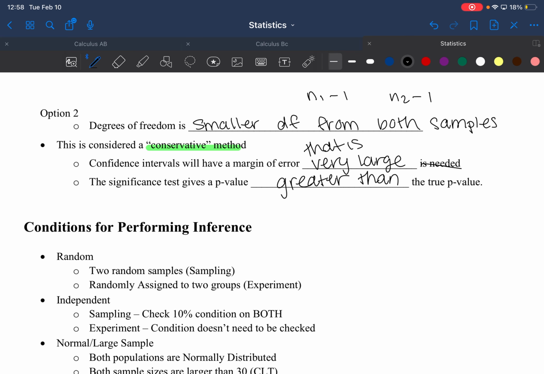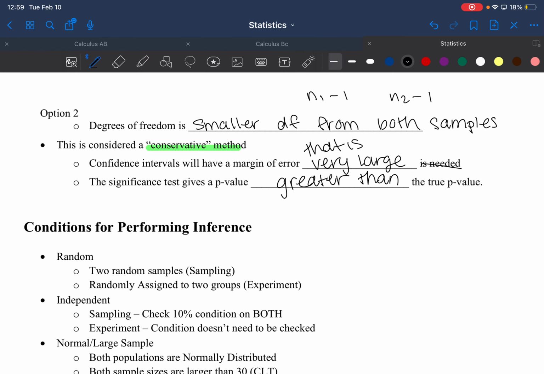It's called conservative because we want to make sure that our answer is going to fall in those intervals. For a confidence interval, we make it very large, so our answer will fall into that. For a significance test, we increase the p-value. However, would this be a good depiction of the data using this conservative method?